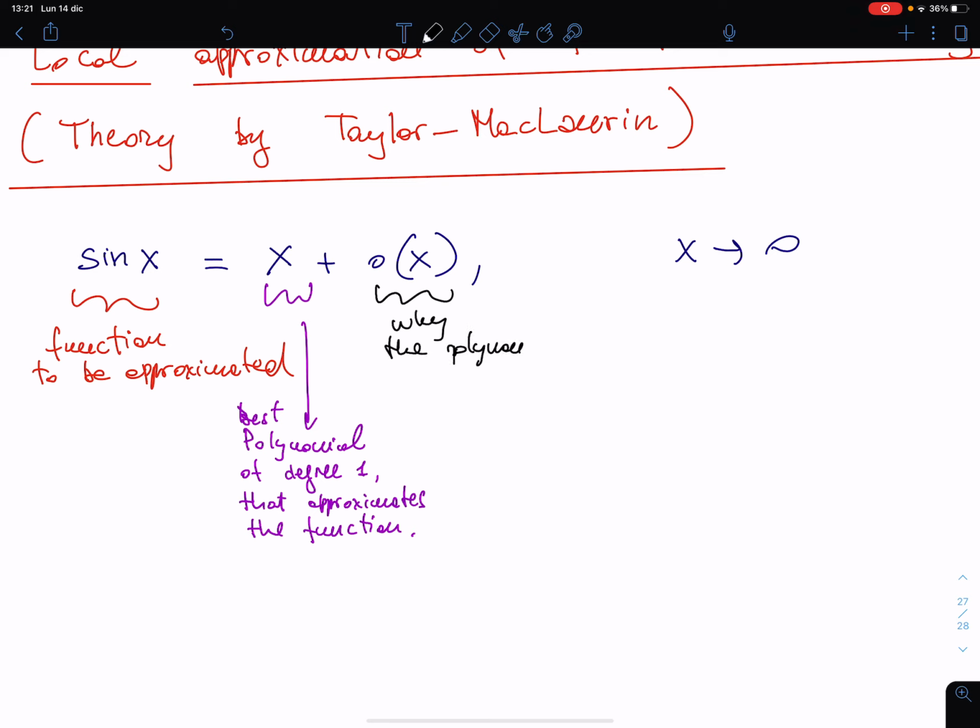And let me give a name to this polynomial. For instance, P1 of x is the best among first order, first degree polynomials.